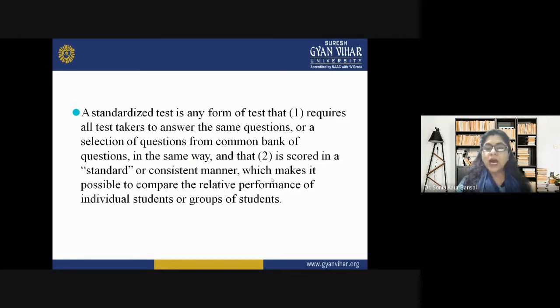So this is how a standardized test works. Number one, remember that it requires all the test takers, those who are giving the test, to answer the same questions. And number two, they will be scored in a standard, consistent manner.